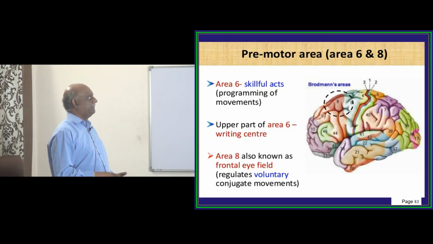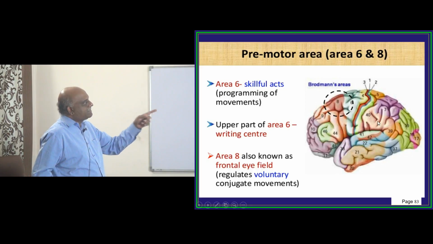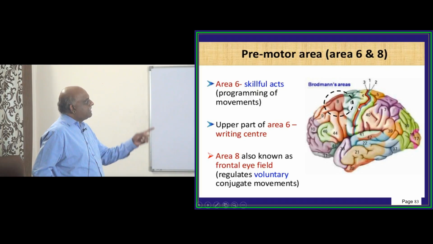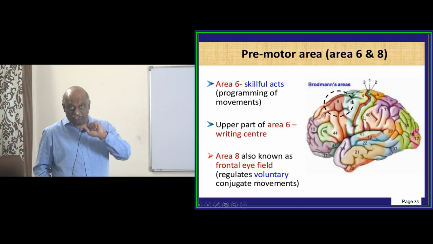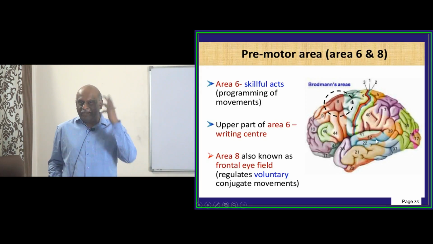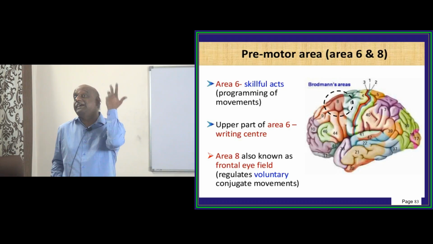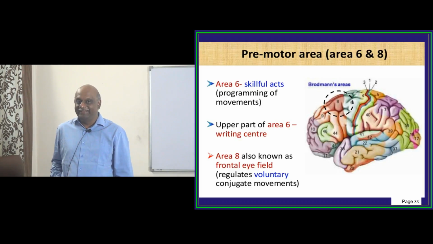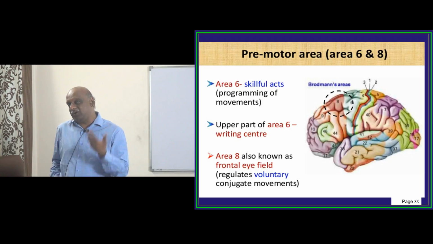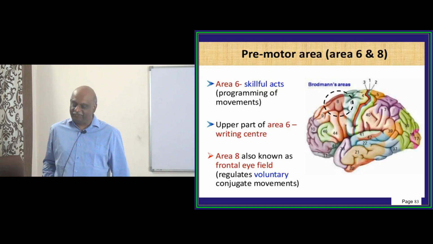So, skillful. And the upper part of this area 6 is associated with writing. It is also called the writing center, area 6. If you are good in writing, you become a great person. One who earns a 6-figure salary in lakhs has to write a check, right? That way you can remember.